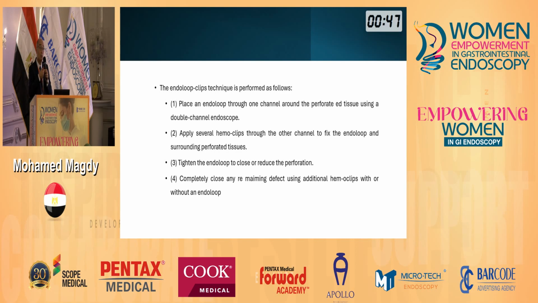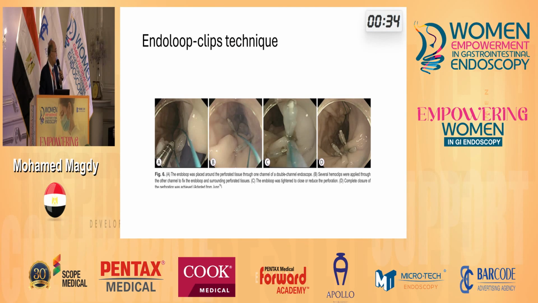When you pull the string of the endoloop, you try to approximate all the clips so we can completely occlude the large perforation. Here we fix the endoloop at the edge with the clips and then pull the endoloop to close the perforation.